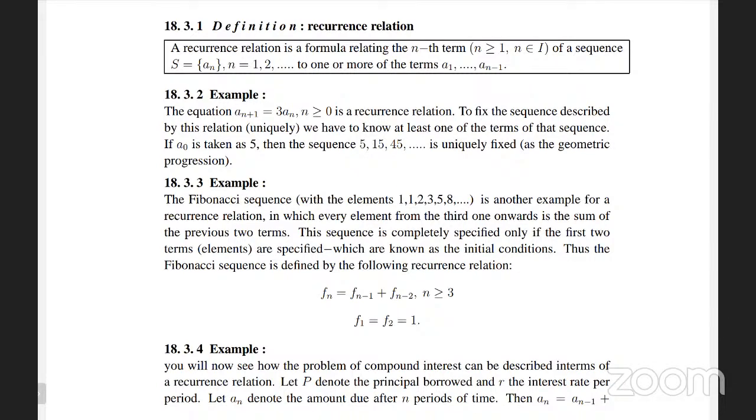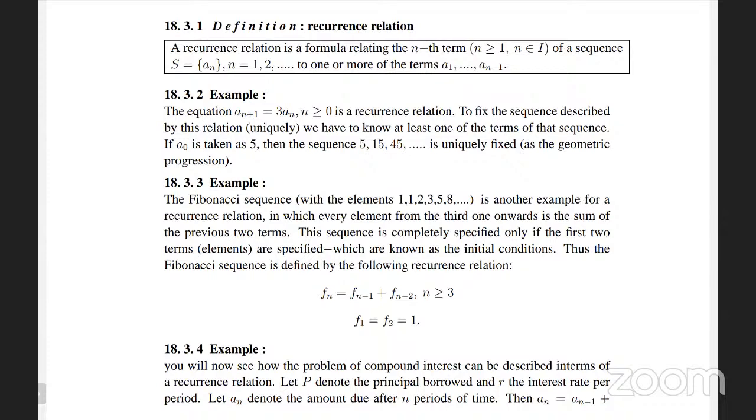Next the previous term is 2 and the incoming term is 1, and both added give 3. Then 3 added to the previous term 2 gives 5. And 5 and the previous term 3, added together, give 8. This continuation is called the Fibonacci series. The Fibonacci series clearly satisfies the recurrence relation F(n) equal to F(n minus 1) plus F(n minus 2).